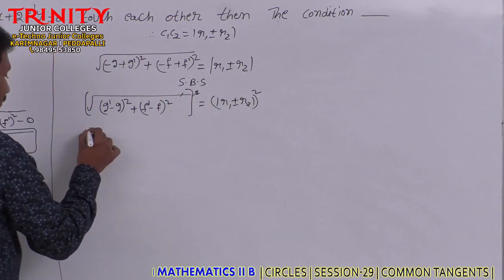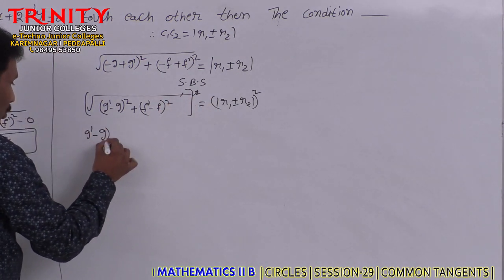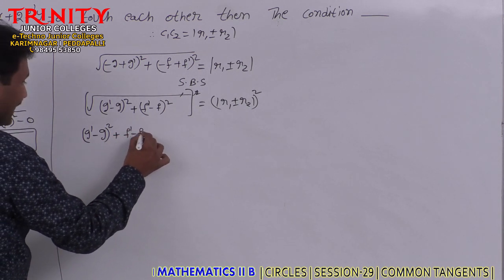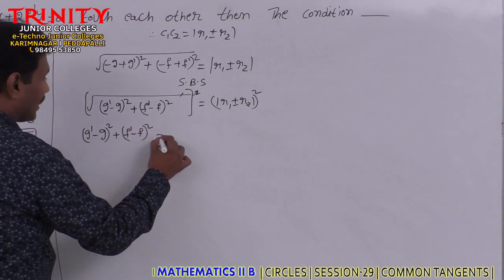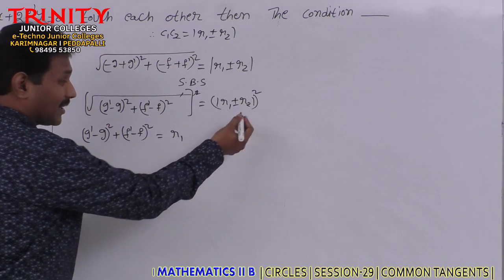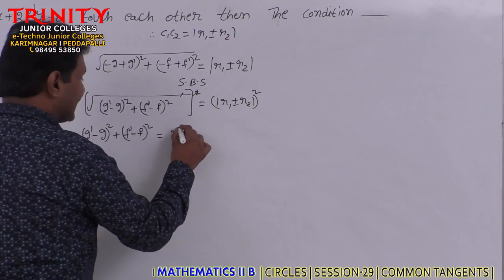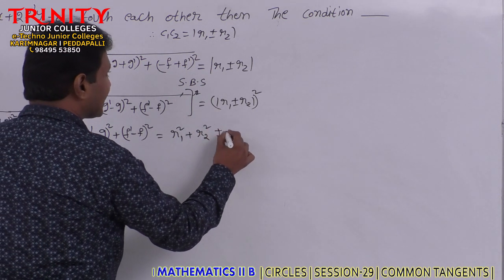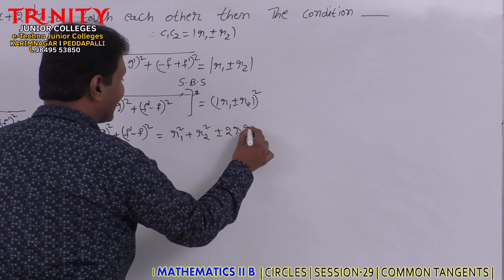Square root cancel. (g dash minus g) whole square plus (f dash minus f) whole square equal to (a plus or minus b) whole square, which is a square plus b square plus or minus 2ab.